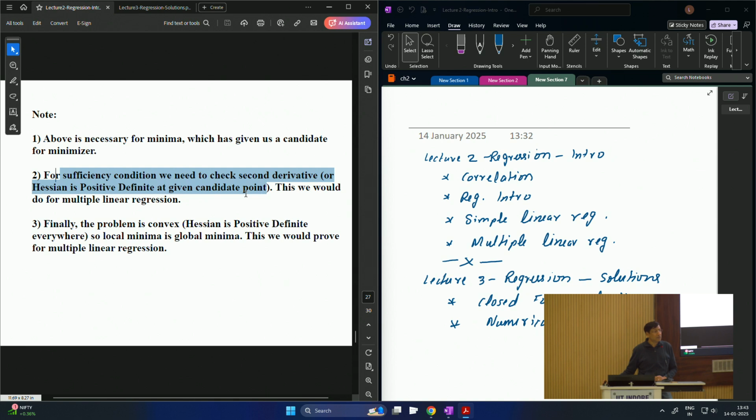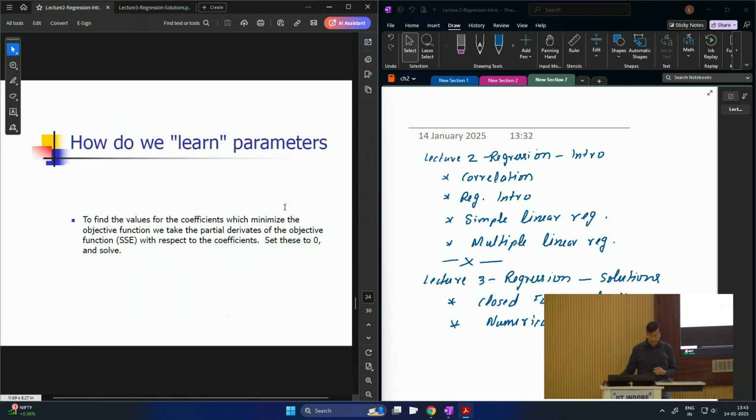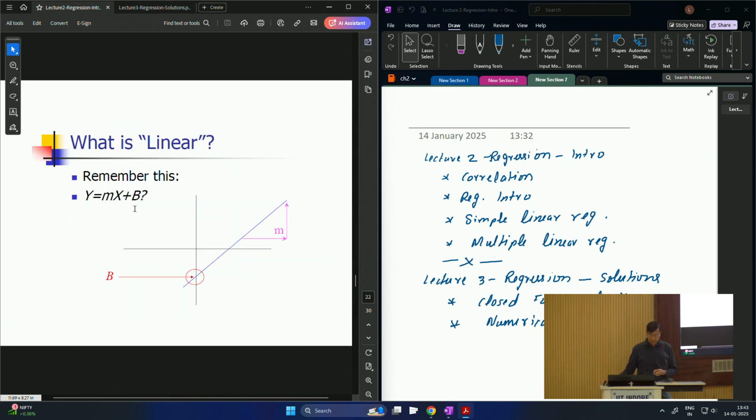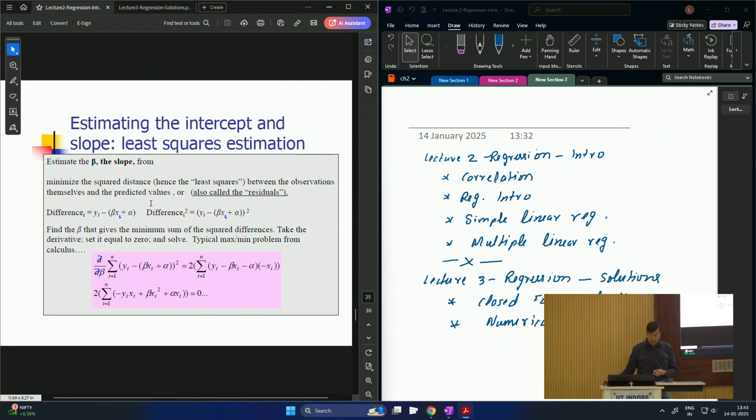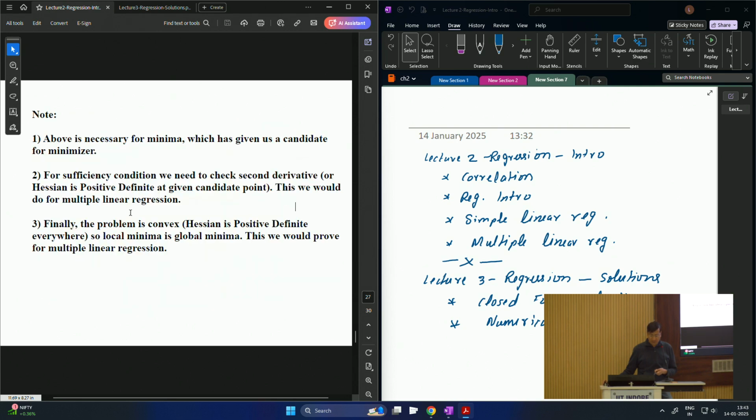It will be the Hessian. It will be a two-dimensional matrix in this case. Why? Because you've got only alpha and beta. It's a function of two variables, right? Recall y is equal to mx plus c, and here it is beta xi plus alpha. So alpha and beta are the two variables. So the Hessian which you will get will be a 2 cross 2 matrix.